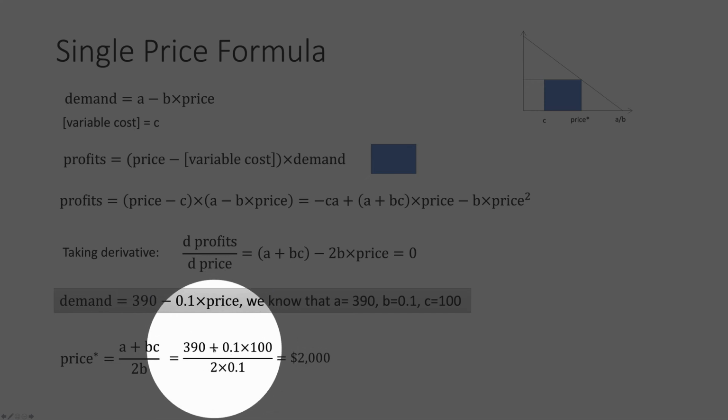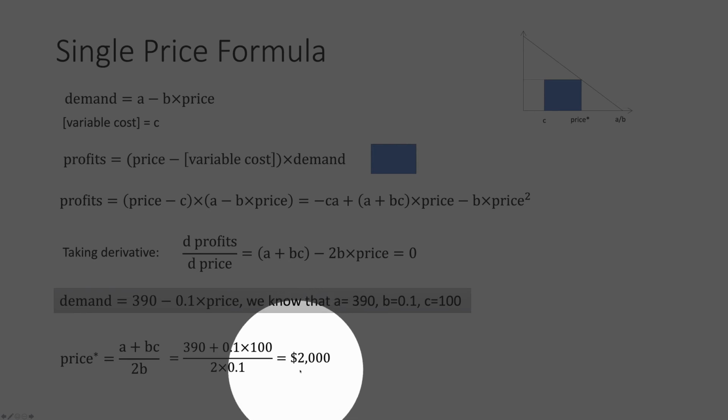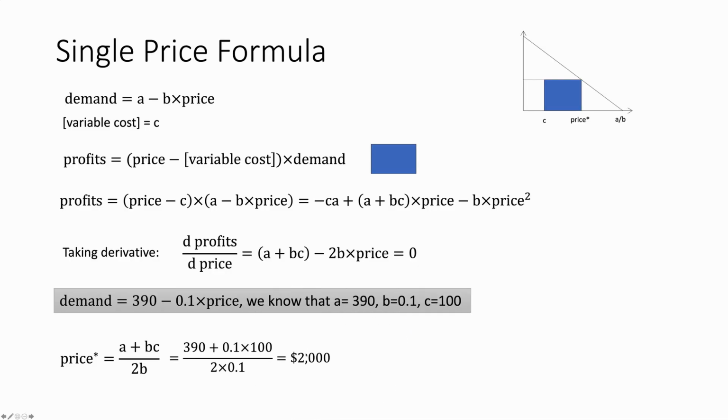And that's a straightforward calculation. You get the optimal price is $2,000. For the purpose of this class, I need you to understand the process to get the optimal price. For practical purposes, we are going to simply apply this optimal price directly when we see a new demand function.